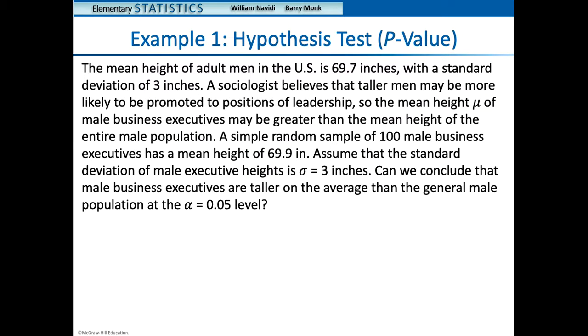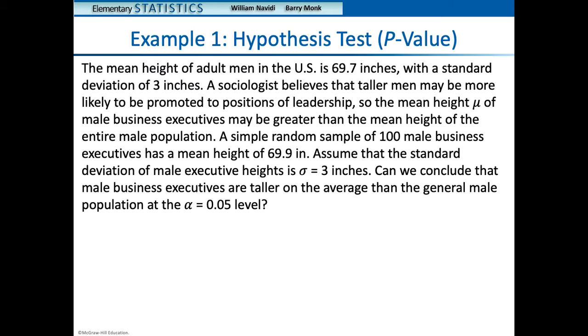So let's take a look at an example. Let's say the mean height of adult men in the United States is 69.7 inches, with a standard deviation of 3 inches. A sociologist believes that taller men may be more likely to be promoted to positions of leadership. So the mean height mu of male business executives may be greater than the mean height of the entire male population.